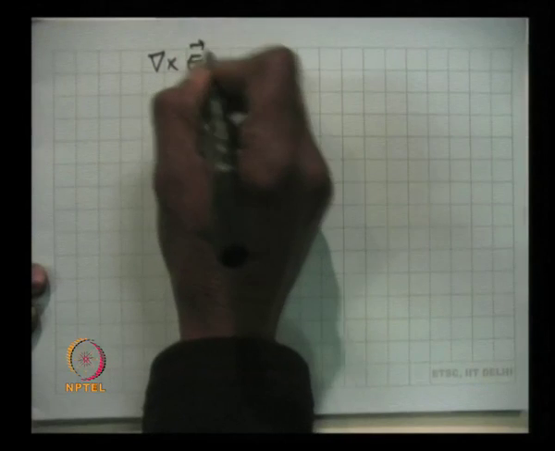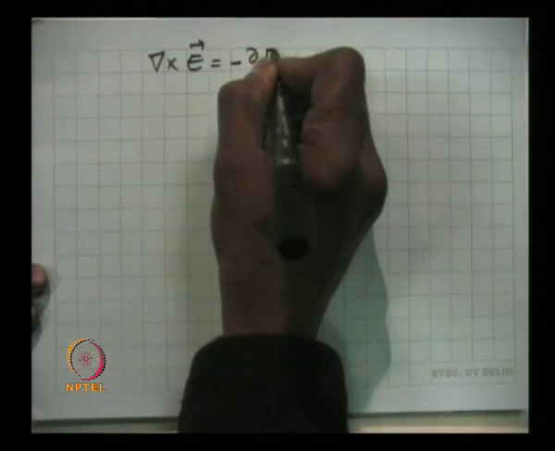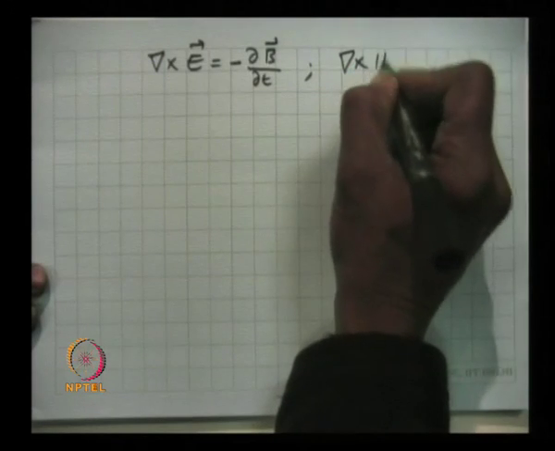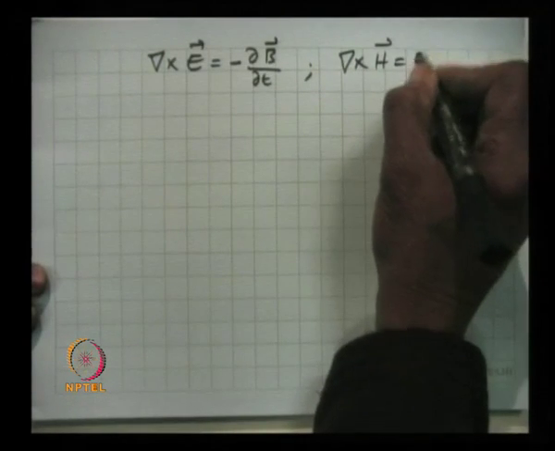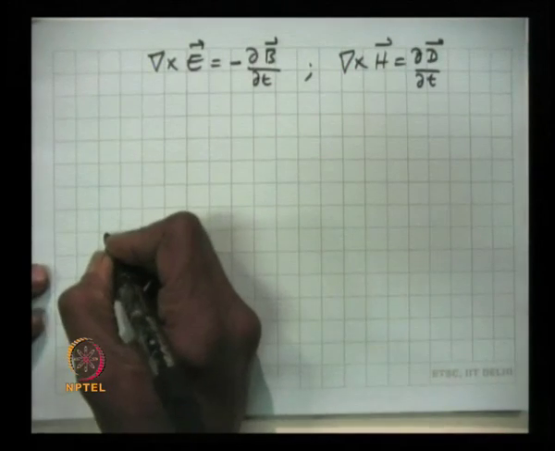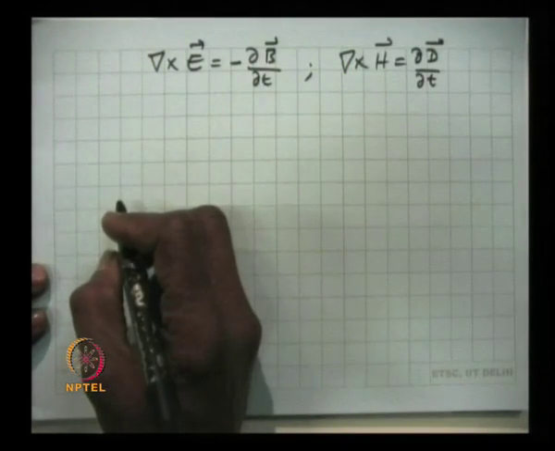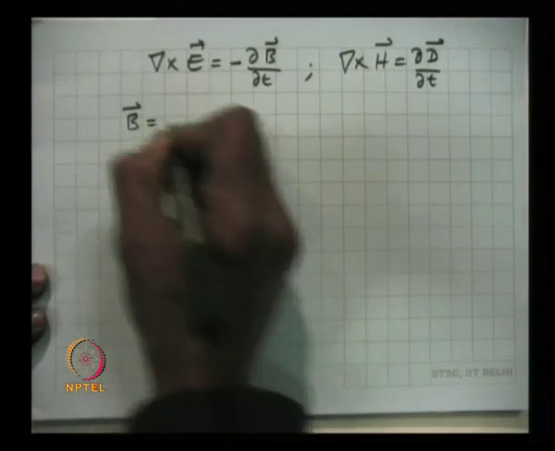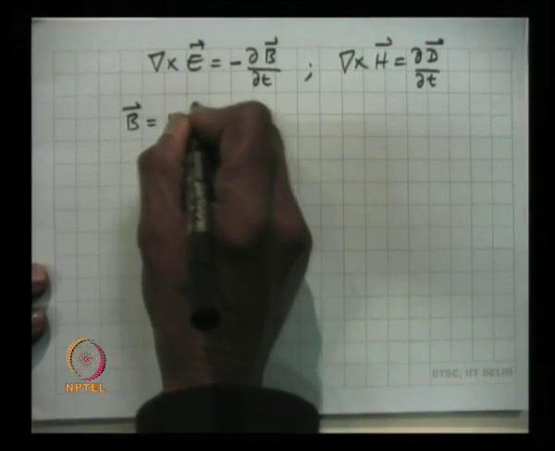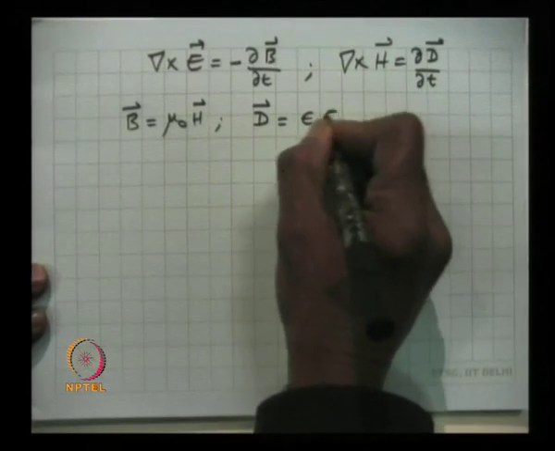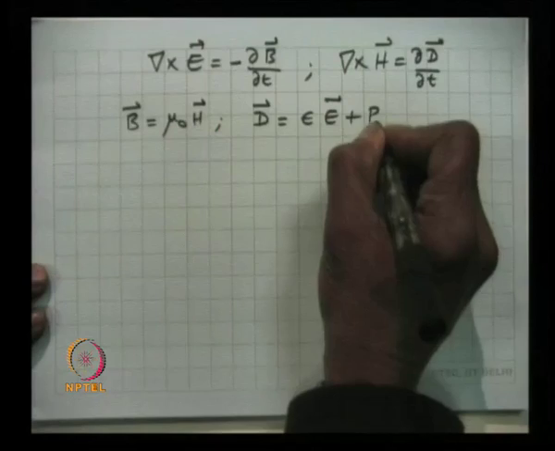We have del cross E is equal to minus del B by del t, and del cross H is equal to del D by del t. Remember, no free currents, no free charges. Now, we are going to assume, as I mentioned before, B is equal to mu naught H and D is equal to epsilon E plus P nonlinear.